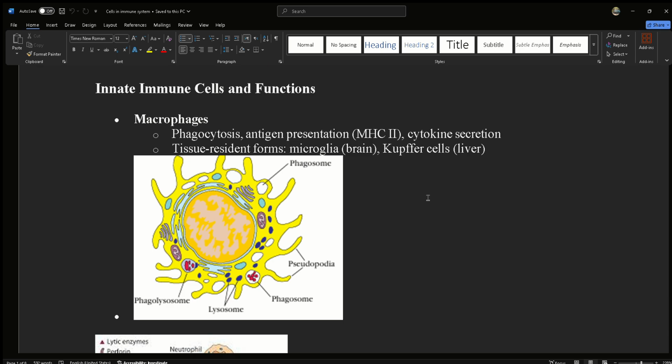Tissue resident forms, for example in the brain, are termed microglia, and in the liver they are termed Kupffer cells.